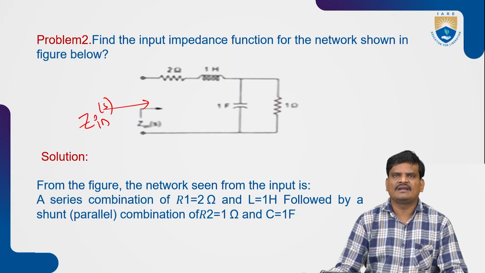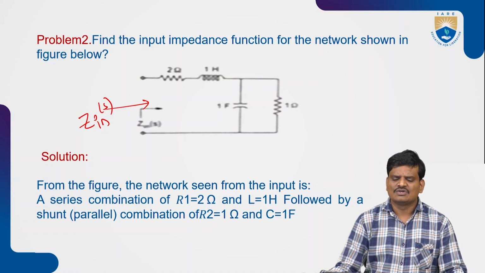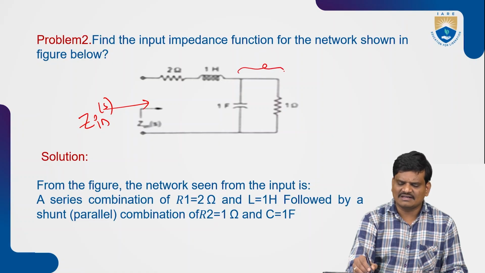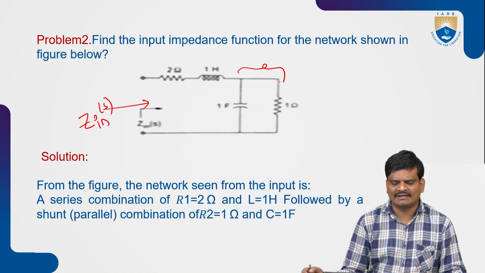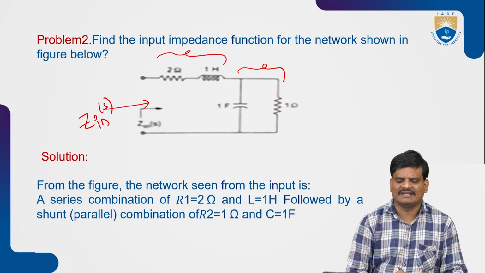What do I need to calculate? I need to calculate the total impedance offered by the circuit. By seeing the elements, you can clearly say that this capacitance and resistance are connected in parallel, and this resistor and inductor are connected in series.